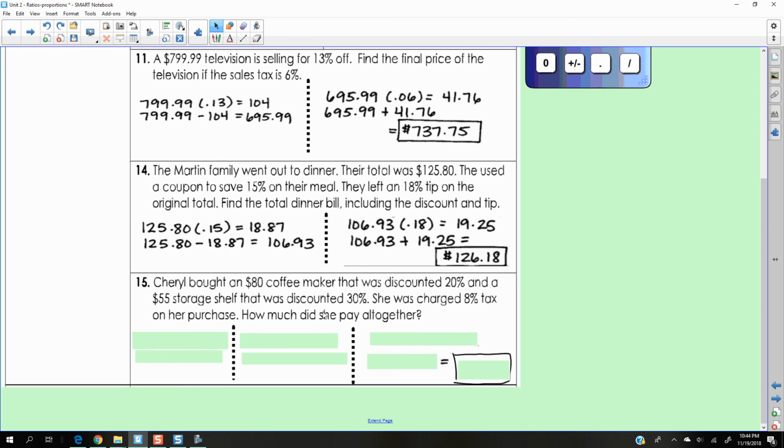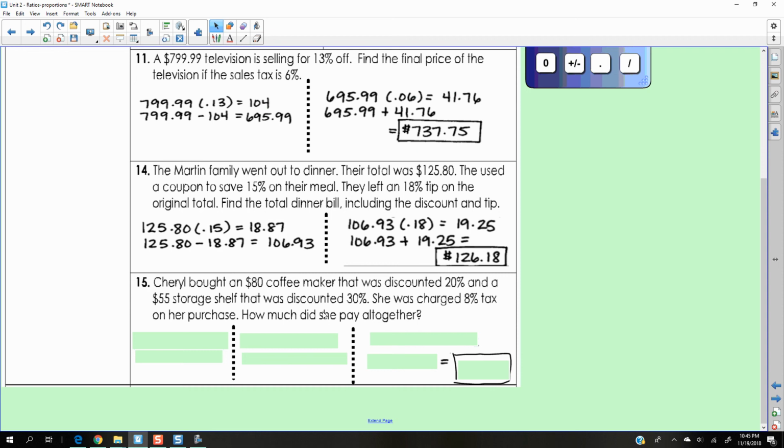All right, now you're going to do number 15 on your own. Notice 3 parts. Cheryl bought an $80 coffee maker, and it was discounted at 20%. So figure that out. And then she also bought a storage shelf that was discounted at 30%.